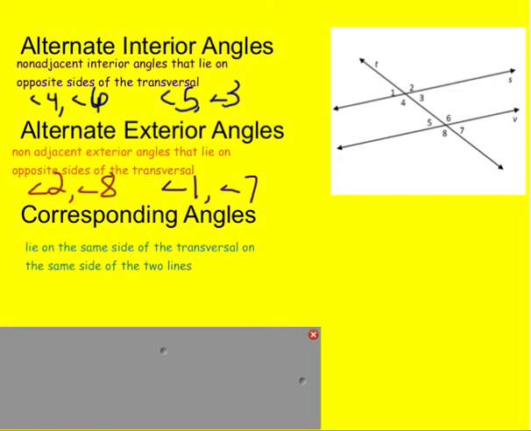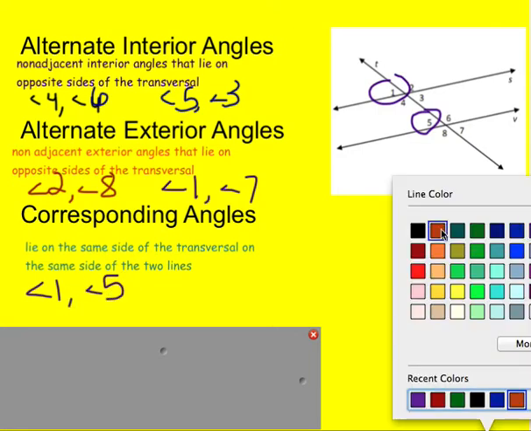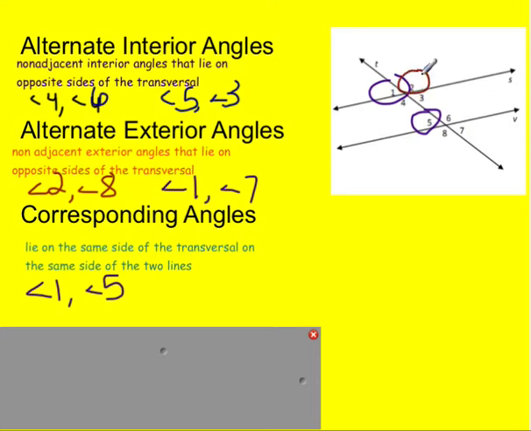For example, angle 1 and angle 5 are corresponding angles because they both are on the upper left side on each parallel line. Likewise, angle 2 and angle 6. Those are corresponding because they're on the upper right of each of the parallel lines.